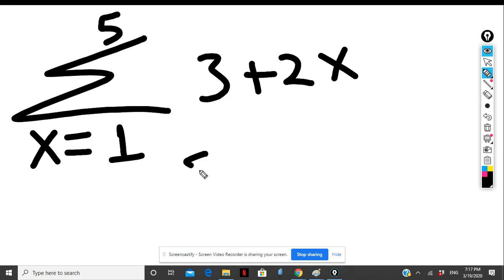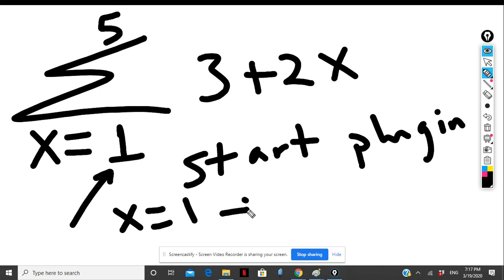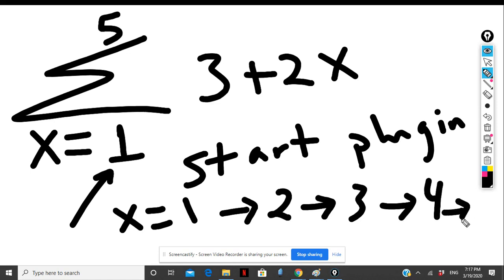I have to start plugging in with the bottom value, so x equal to 1, after that equal to 2, after that equal to 3, after that equal to 4, and I end by 5, as we see the number all the way at the top. So when I plug in that formula, I'm going to have 5 terms.